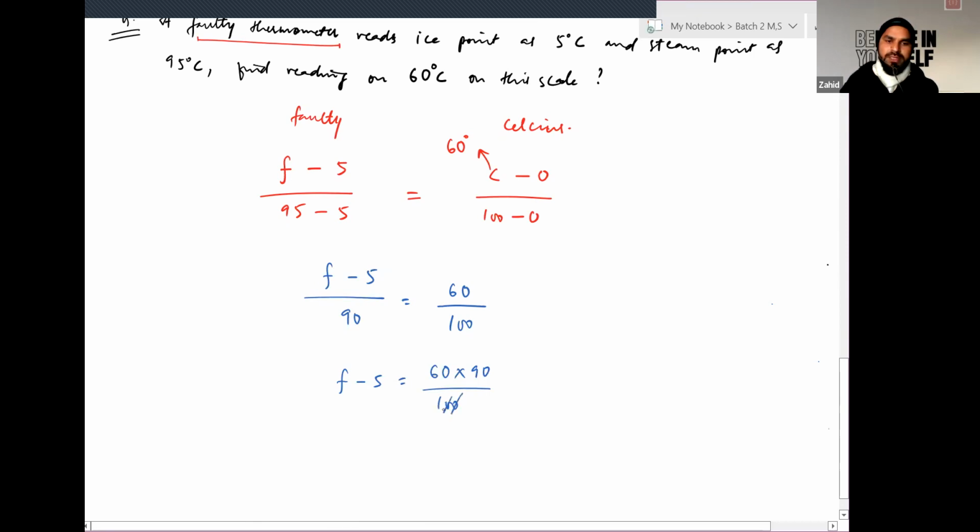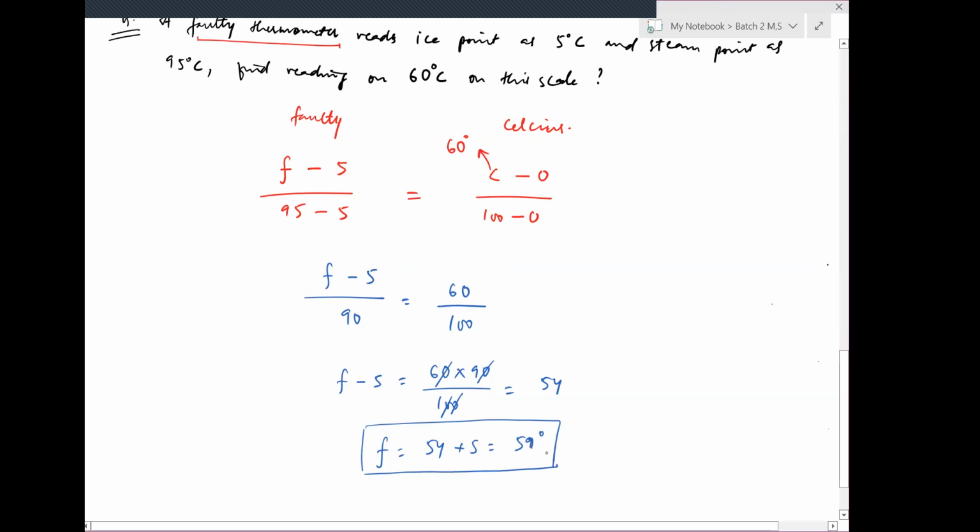This 0 and this 0 will cancel out. 9 into 6 is 54. Move this 5 to the right side. So F equals 54 plus 5, which is just 59 degrees. Rahaf, is it clear? Yes, sir. Okay.